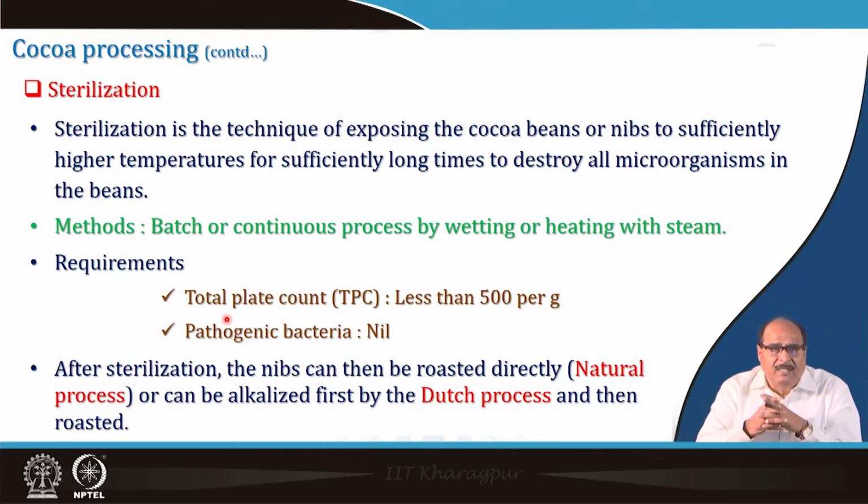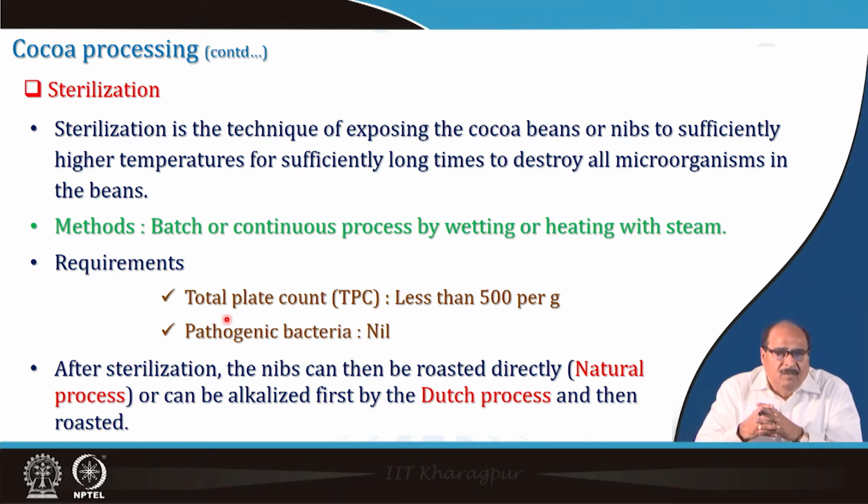Once the nibs are obtained, they are subjected to the sterilization process, which we have discussed in earlier lectures. Sterilization is the technique of exposing the beans, in this case nibs, to sufficiently high temperature for the desired time to destroy all microorganisms.